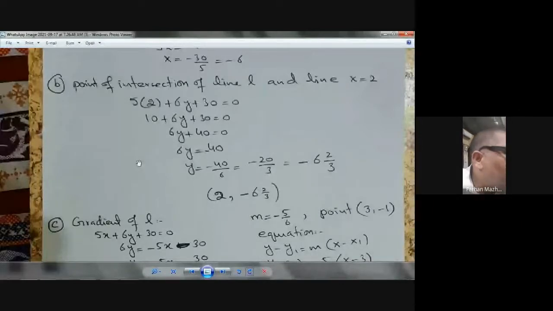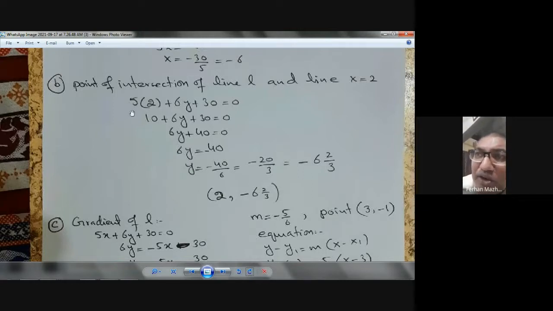The procedure is very simple. You can find the solution with the help of simultaneous equations. The first equation is 5x plus 6y plus 30 equals 0. The second line is x equals 2. So the value of x is already given, x equals 2. I will substitute x equals 2 in the first equation to find the value of y.